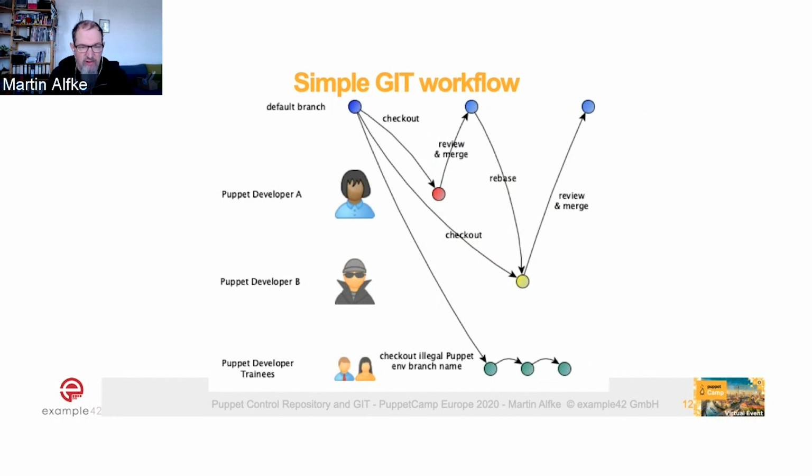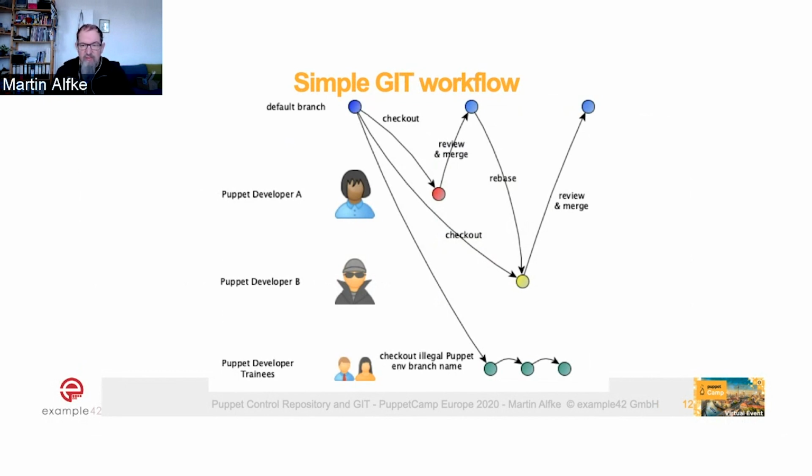Developer A is working on feature A, developer B is working on feature B. So developer A says, I'm checking out a feature branch, and when I'm ready, I'm giving it to review by creating a merge request, and someone else is reviewing my change, so it gets back into production. Any other developer must now rebase so that they are on the actual state of their default branch, so they are able to also generate a review and merge request.